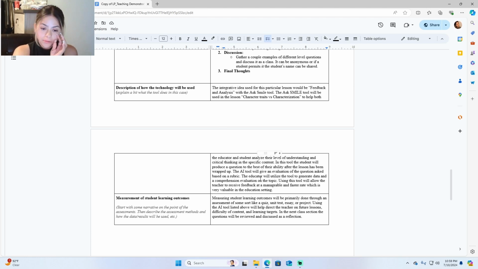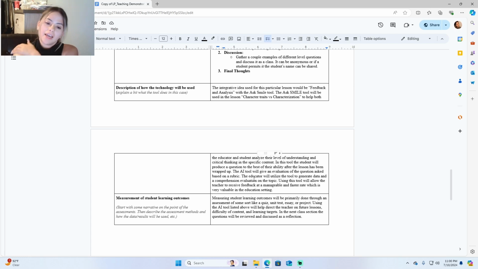The AI tool will give an evaluation of the question asked based on a rubric. So it's level 1 to level 5, level 1 being a low level and level 5 being high level, so higher critical thinking and then lower critical thinking.